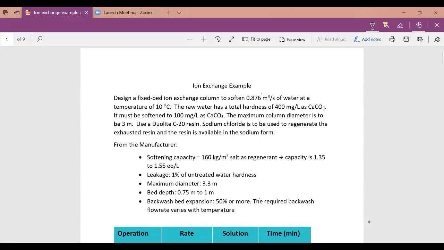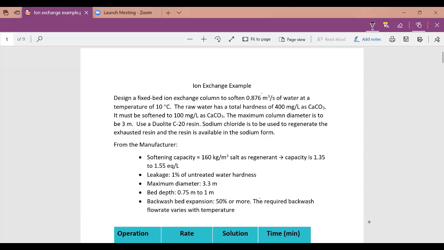So what I am planning on doing today is we will look at an ion exchange example where you have been asked to design a fixed bed ion exchange column. You're softening water and the flow rate is 0.876 cubic meters per second.